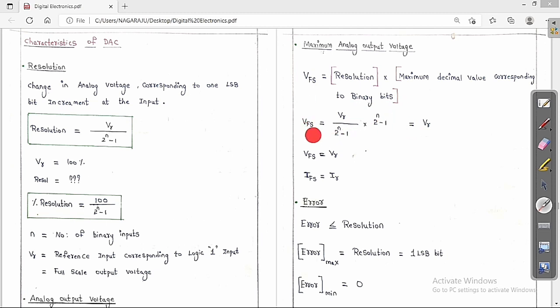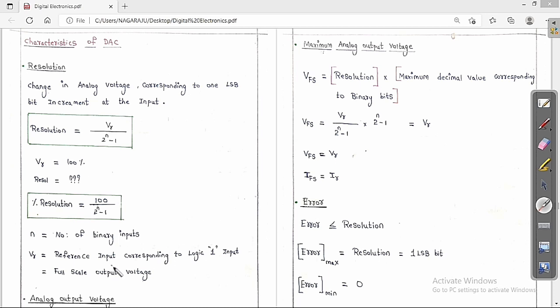VFS is equal to the resolution, which you have just seen is VR by 2 to the power of n minus 1, into the maximum decimal value, which is 2 to the power of n minus 1 for n bits. These two get cancelled, and we get VR.